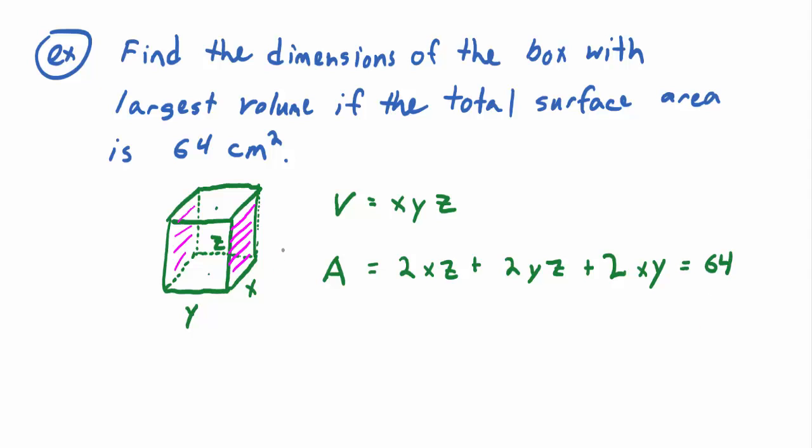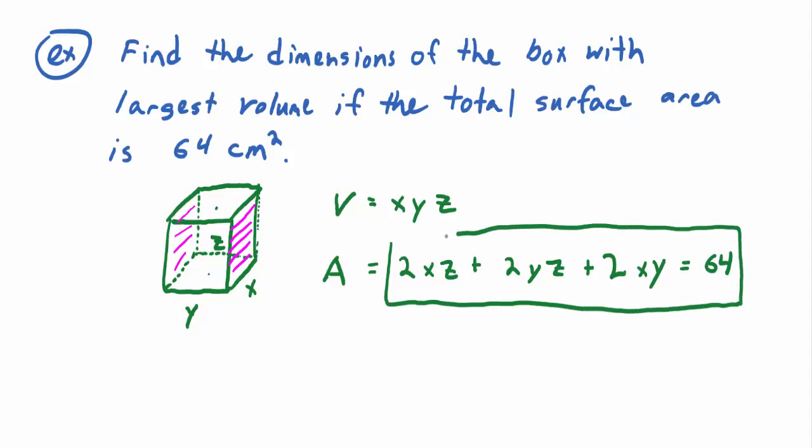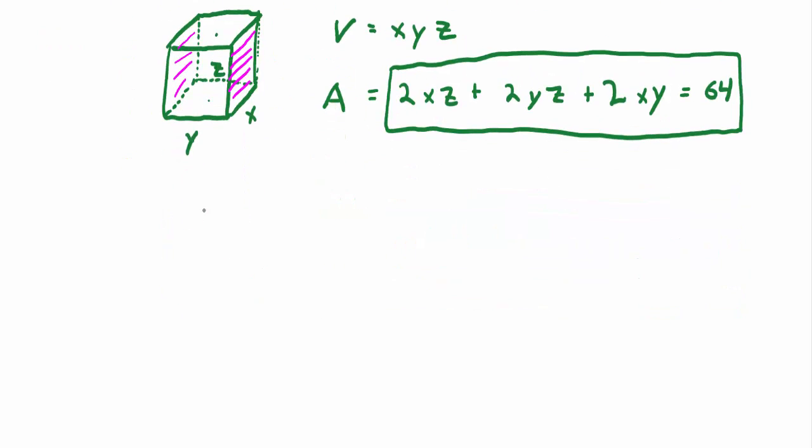Everybody see that? So you could think of this as a constraint equation. And it's good news that we're given this, otherwise we couldn't solve the problem. So what we know how to do is maximize a 2-input variable function, v of x, y, let's say.